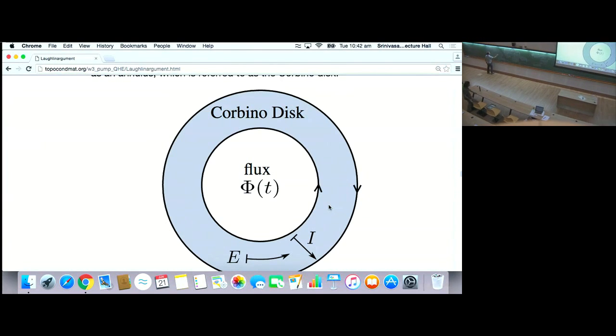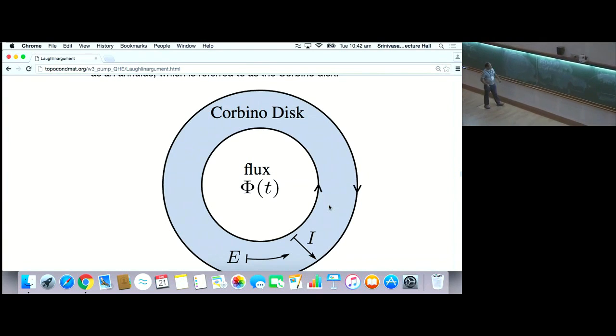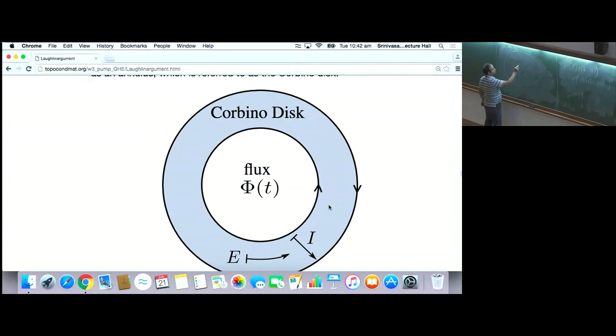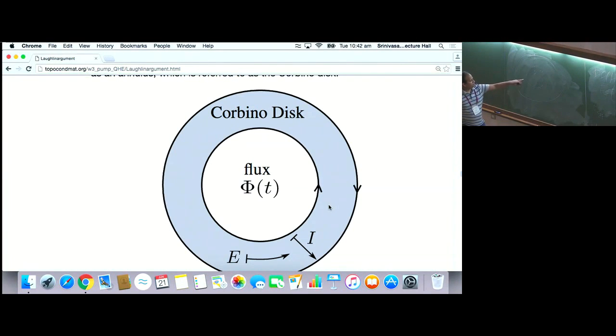If I think of the Hamiltonian of the electrons in this ring, I can choose a gauge where the vector potential is only non-zero along just this one line across the disk.